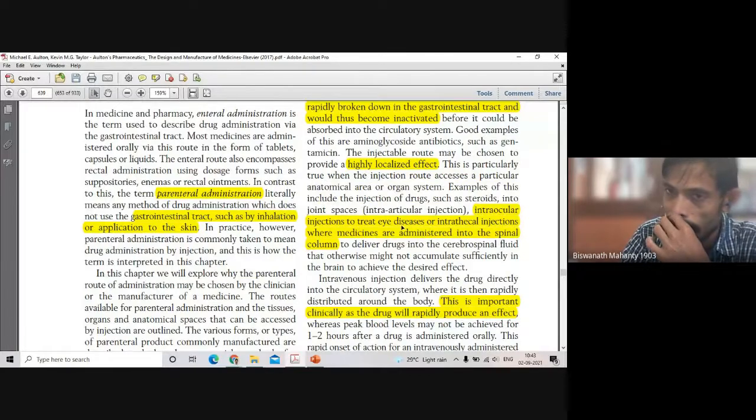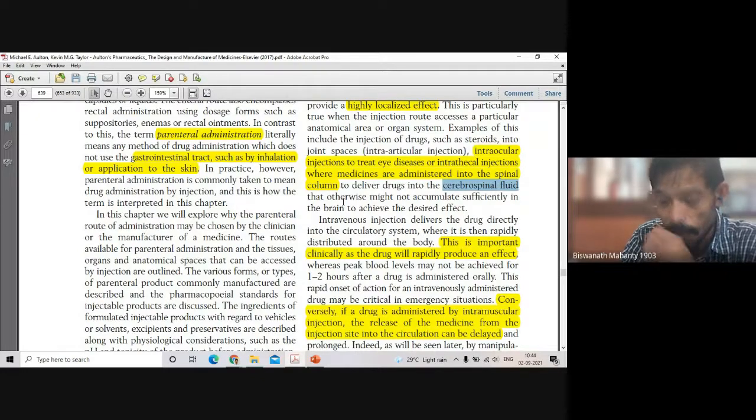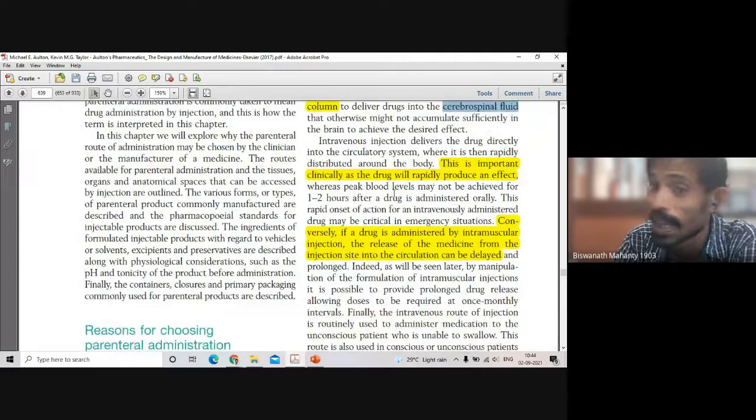Similarly, we can have intra-arterial injections for some steroids. Articular injections can be there. Spinal cord, some injections can be given. Sometimes you can see cerebrospinal fluid also, where drug delivered in the spinal column we can give. So depending on what kind of purpose the drug has, what is the site of action, some can be given, but they are not very common.